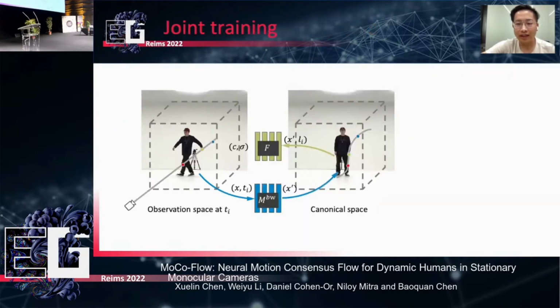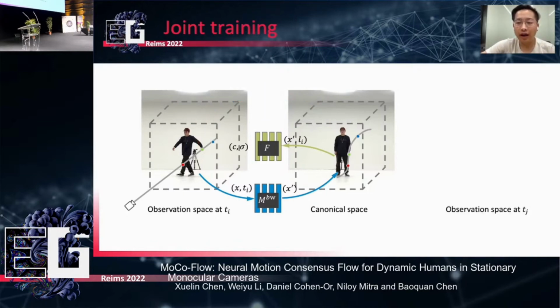In addition to the dedicated initialization, we have to prevent the backward motion flow from climbing out and falling into undesired local minima. To this end, we add an auxiliary forward motion flow, which is initialized following the same pipeline as the backward flow, and we apply a local motion self-consensus regularization, enforcing the motion flow to be invertible locally between the time step Ti and the canonical.